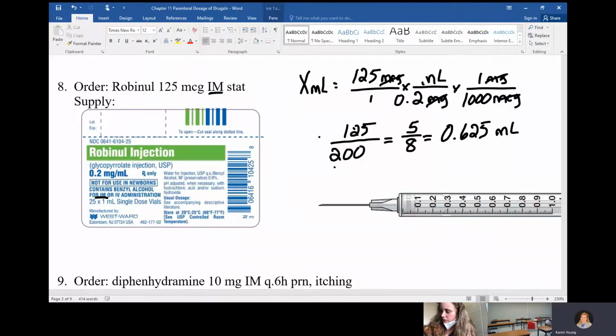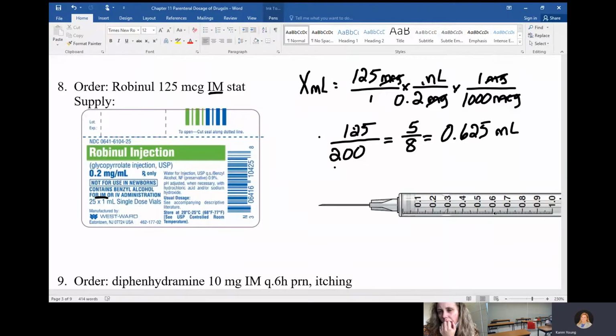But here's my question though, when I get to this one. Can we put 0.625 in a 1 milliliter syringe? It's less than 1 milliliter, right? So we can, but we'd have to round it. Because we go to 0.6, there's 0.61, 62, 63. There's no real place for 625, right?